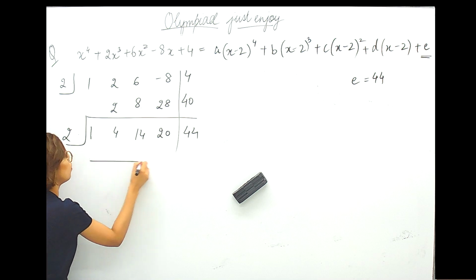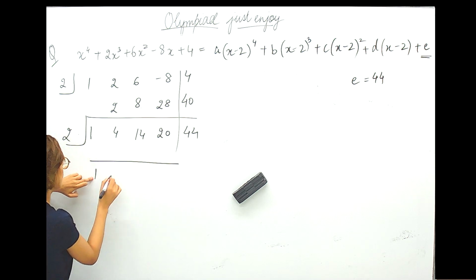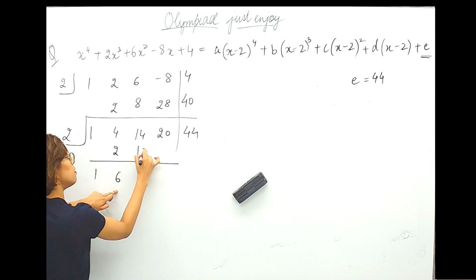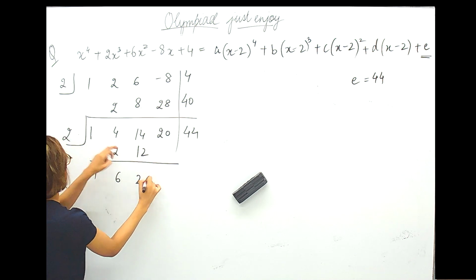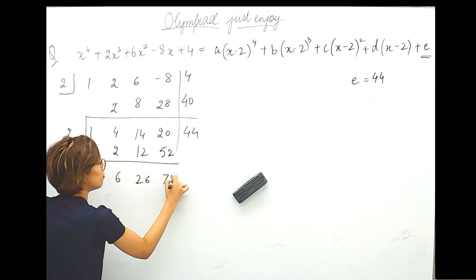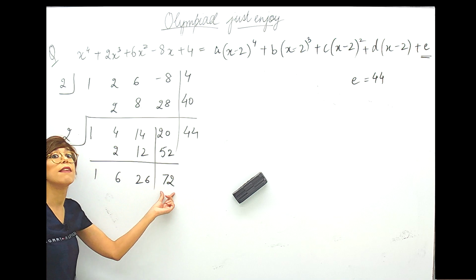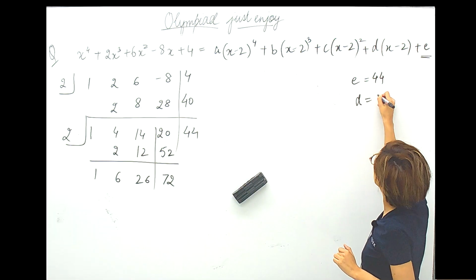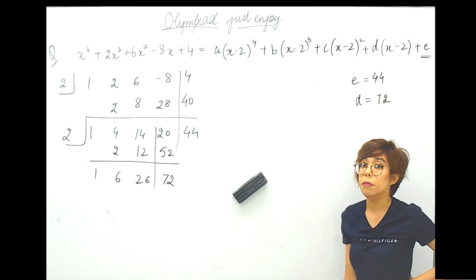Right? So 1 as it is, then that is 2, that is 6, that is 12, and that is 26, that is 52, and that is 72. Remainder turns out to be 72. That means D is 72. Done? D भी आ गया.